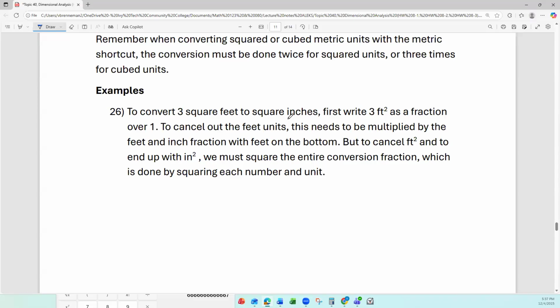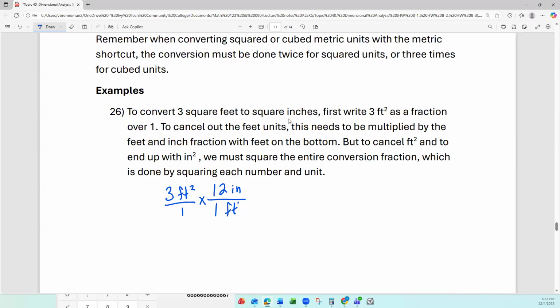So you can think of it as doing it 3 times, or you can square the conversion factor or cube the conversion factor. It takes less writing to do the squaring or cubing. So you just square each number and each unit, or cube each number and each unit. So if I start with 3 square feet and I want to convert that to square inches, if I just put the 1 foot to 12 inches, the square feet and the feet do not cancel each other out.